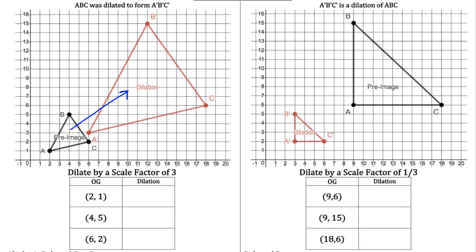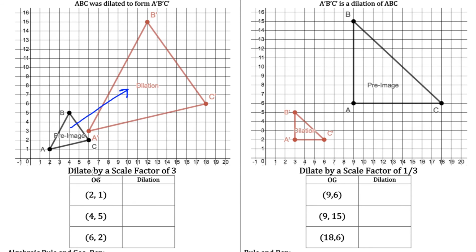So in this first one, we dilated by a scale factor of 3. So for instance, we have 2, 1. So that was A, this was B, and this was C. So A prime, this will be B prime, this will be C prime. So A prime is 6, 3. But if you notice, a scale factor is a number that we multiply by.